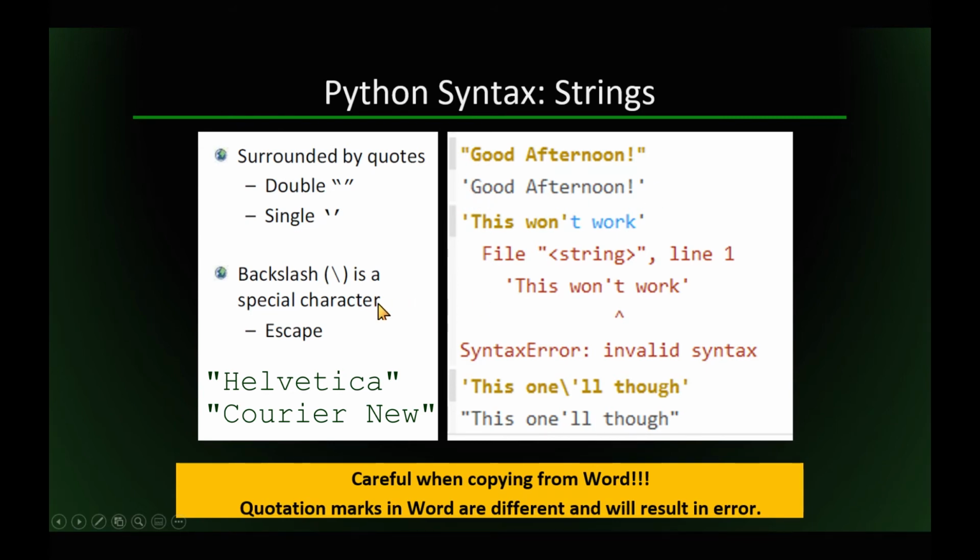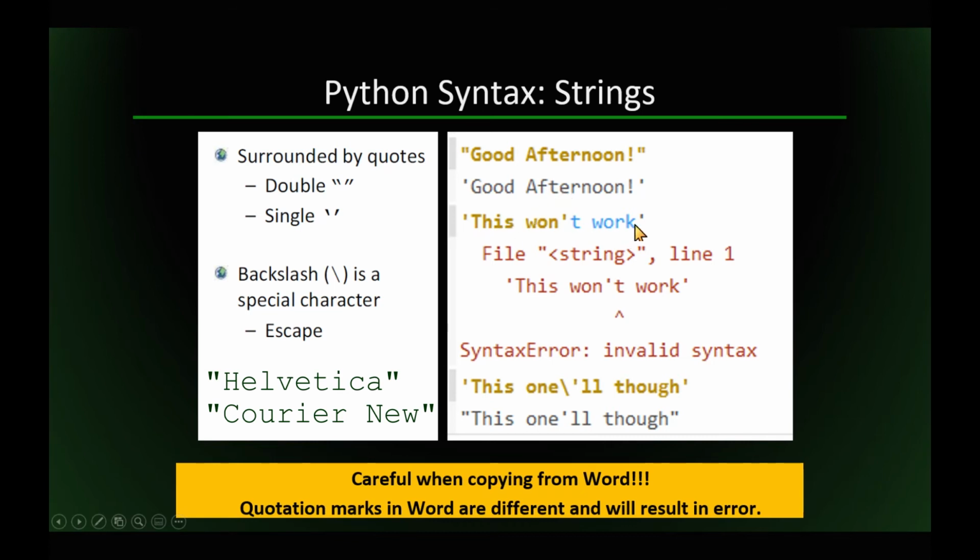And also, and we will have to deal with that when we're defining workspaces particularly, or output folder path names, the backslash is in Python a special character, and that can have consequences. So here on the right side, and you can play around with this, and I encourage you to type this in yourself, we have good afternoon in two different ways.